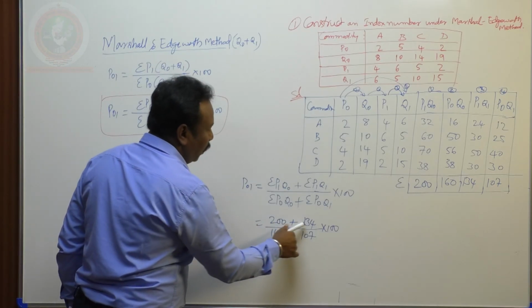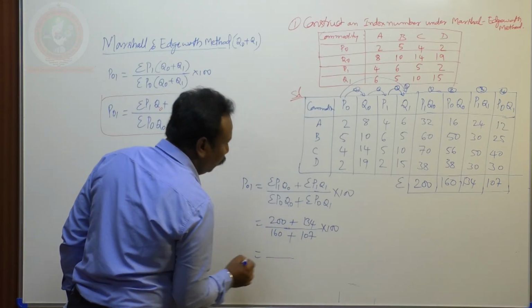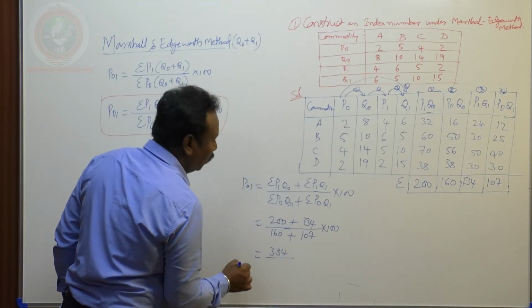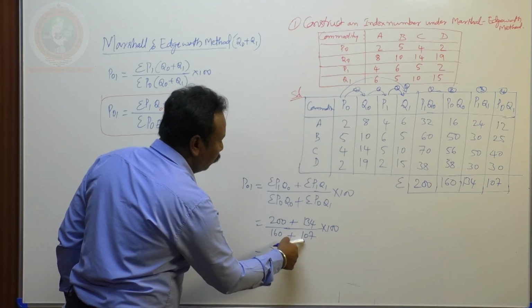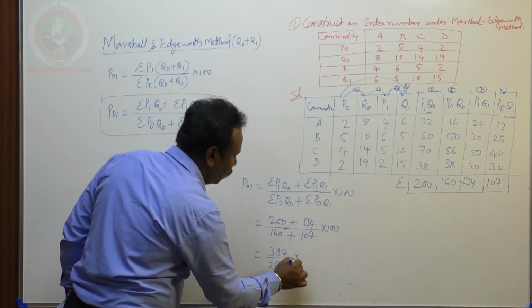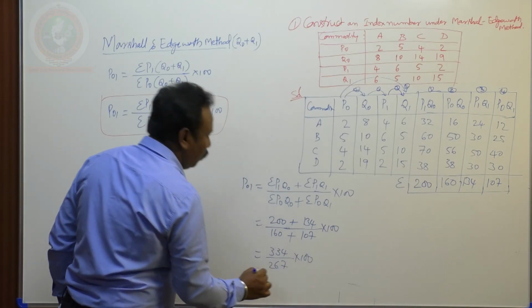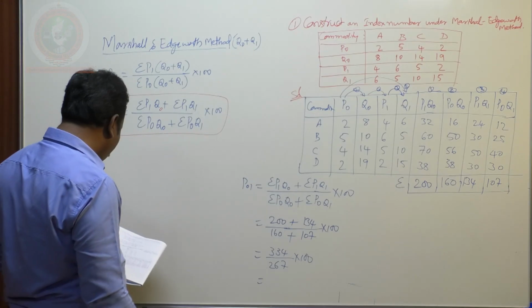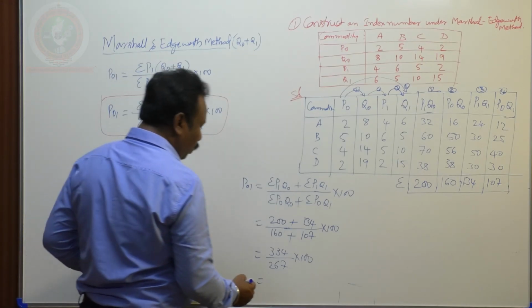Now, 200 plus 134 is 334, plus 160 plus 107, that is 267, into 100. Now, simplify this: 334 divided by 267.